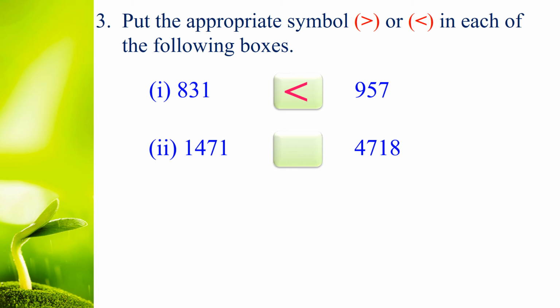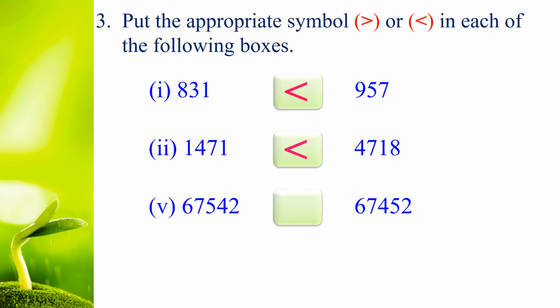So let's compare the digit at the extreme left. The first number's first digit is 1. The second number's first digit is 4. So therefore, 4 is the greatest. That is, 4,718 is the greatest number.